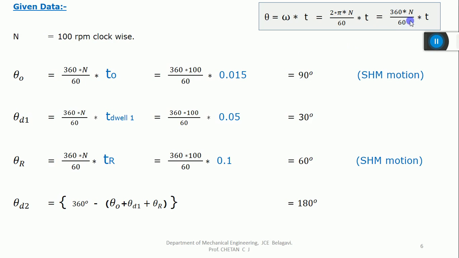I'll use the same formula, that is 360 into N by 60 into t o. So N is 100 rpm, and t was given as the time required to reach the top position, 0.015. Just calculate whether you'll get 90 degrees or not. Please check.